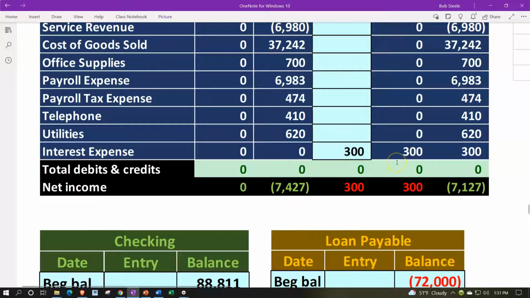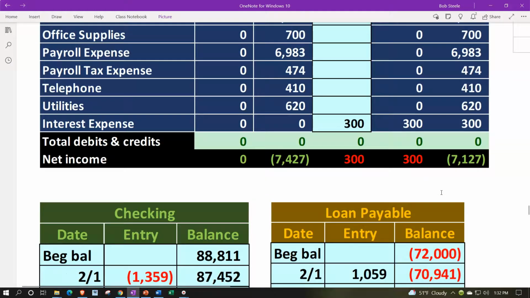That happens for both the February and year-to-date information. If I look at the net income as a whole for February, this is all we've done thus far, therefore we have a net loss. For the year-to-date, we had $7,427 net income before this transaction; the $300 decrease brings it down to $7,127.